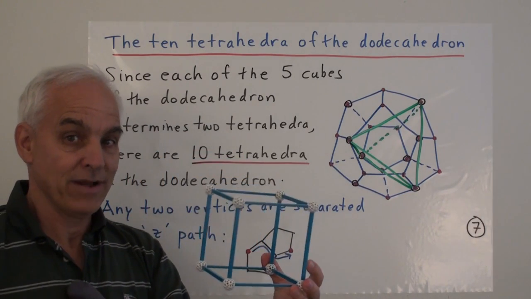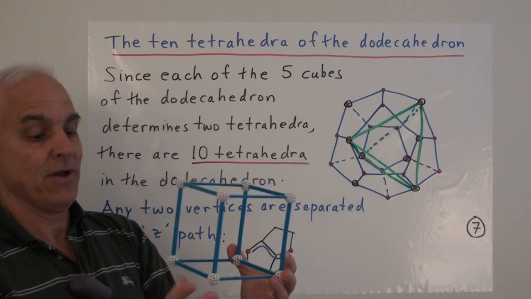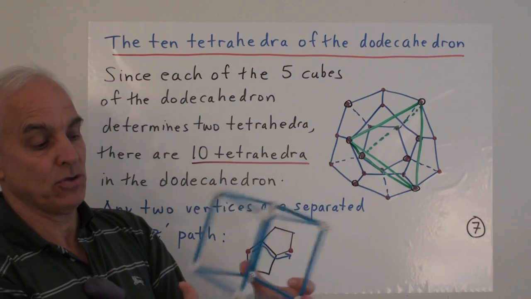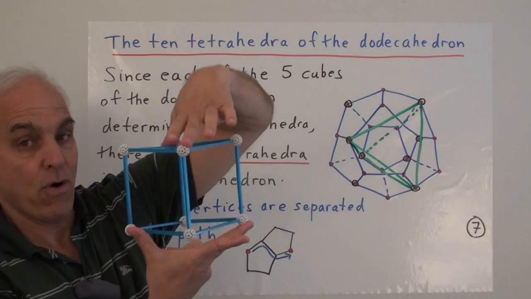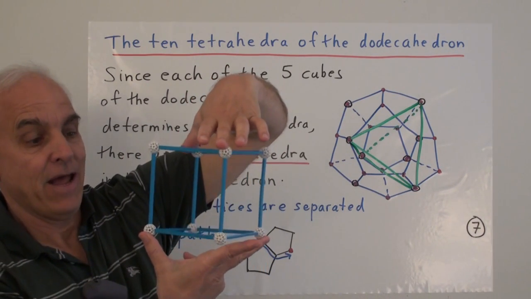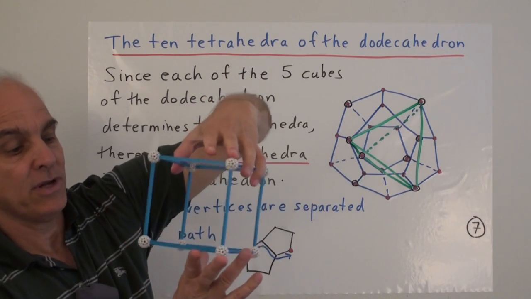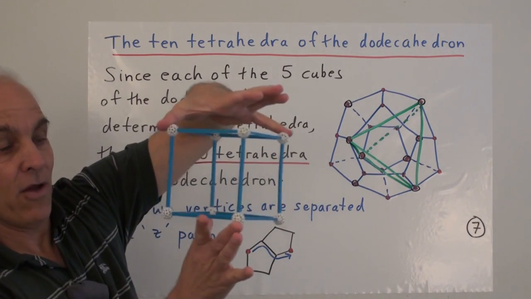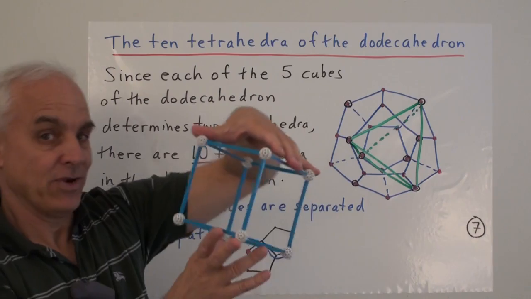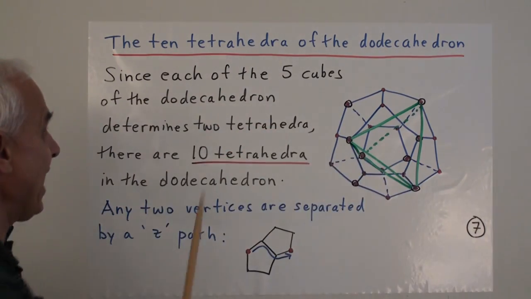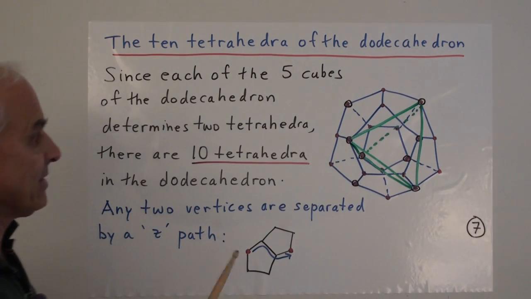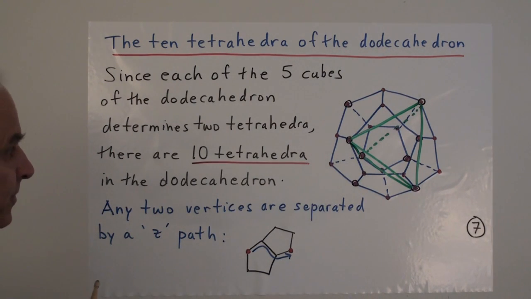There were 2 tetrahedra associated to it. For example, we could take the bottom 2 there and the top 2 there. Right, those 4 make a tetrahedron. And then the other 4 vertices, which are these 2 and these 2, they also form a tetrahedron. So we have 2 tetrahedra forming a cube. Right, so we have altogether 10 tetrahedra inside this dodecahedron.